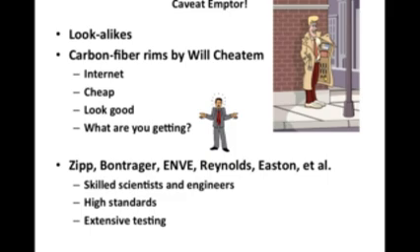They have very high standards, and there's extensive testing done on their rims so you can be sure that you're getting a quality product. I think it comes down to this. If you want to buy some carbon rims and they look nice to you and the price is good, there's no label on them or anything like that, you need to do some due diligence to make sure that you're satisfied that the structure and the strength and all that of the rim is appropriate.